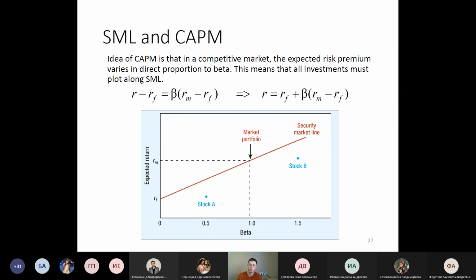As a result, the stock prices adjust in a way that their return would be plotted along the security market line, depending on their sensitivity to the market return, which is determined by the beta coefficient. This is the idea of the capital asset pricing model, the one that we use in order to estimate the return of the stocks.